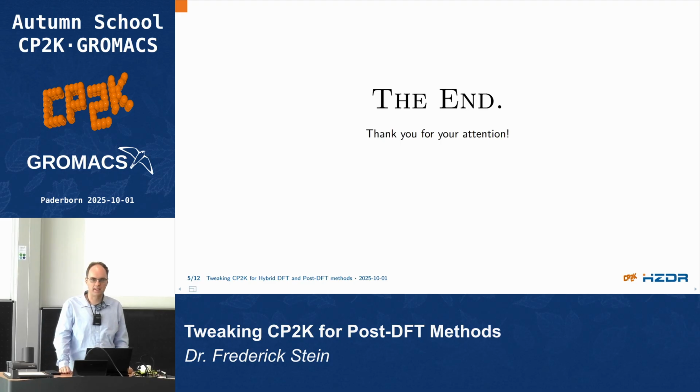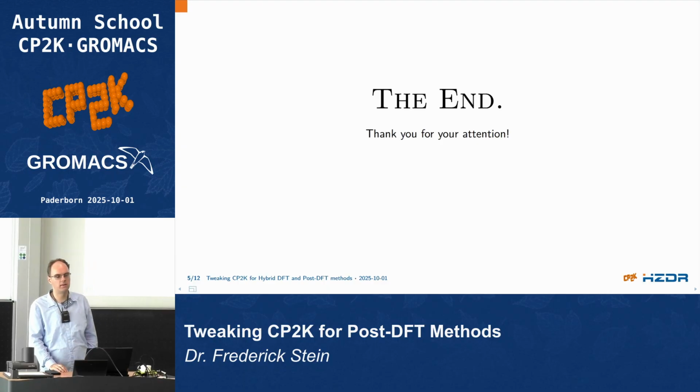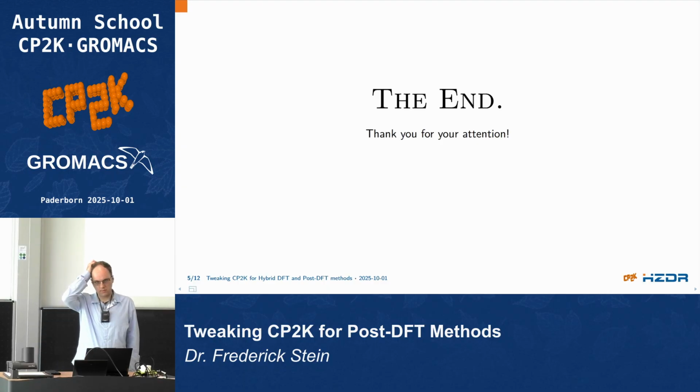If that's not the case anymore, because you have, for instance, transition metals or charged systems, especially anionic systems, then you should include Hartree-Fock and go to hybrid functionals. If you really need high accuracy, because the electronics is still not that well described even by a hybrid functional, because maybe the self-interaction is still too large, then you should go up to either a special hybrid functional or a double hybrid functional.